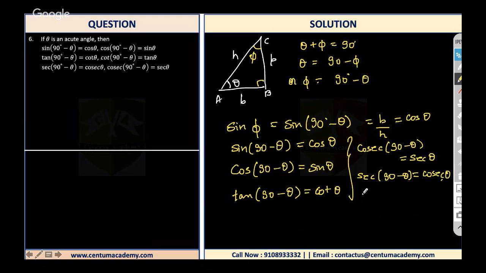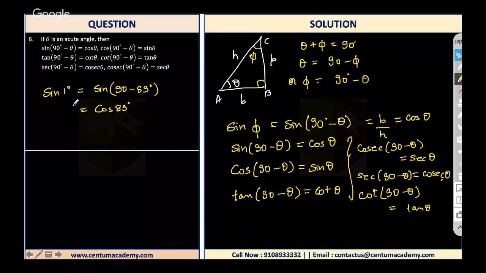And hence cot of 90 minus theta is equal to tan theta. Now where will you use it? For example, sine of 1 degree is equal to sine of 90 minus 89 degrees, which is equal to cos of 89 degrees.